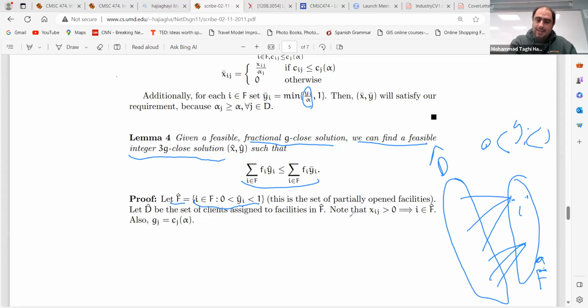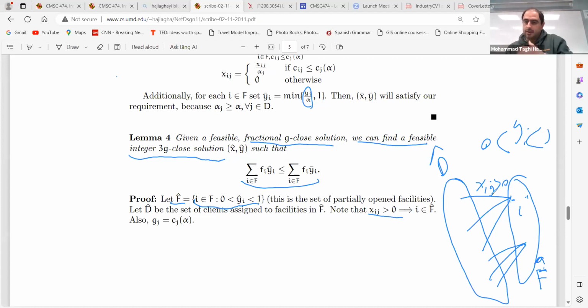So D hat is the set of clients j for which x_ij is greater than 0 for some facility in F hat.